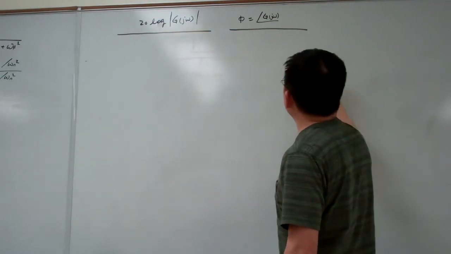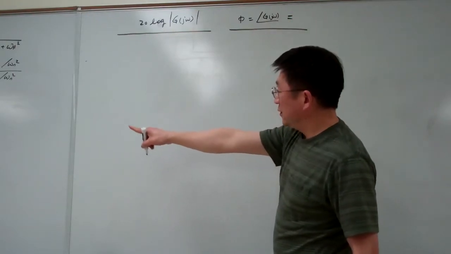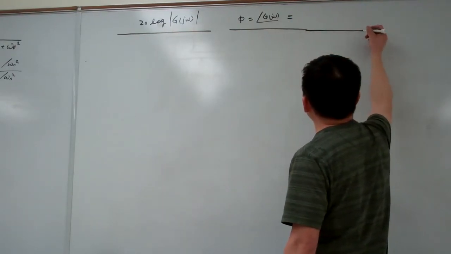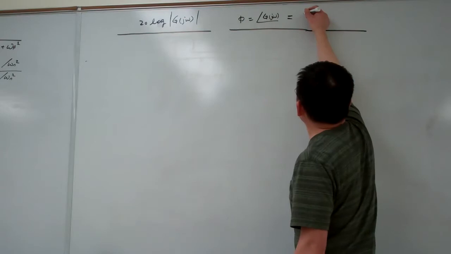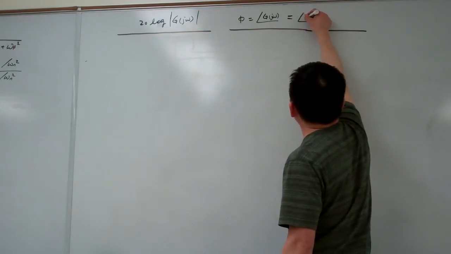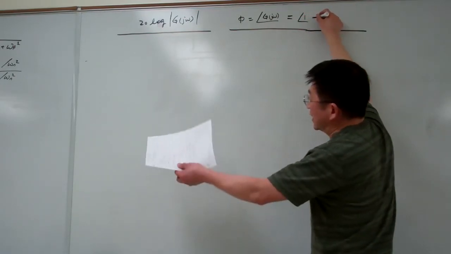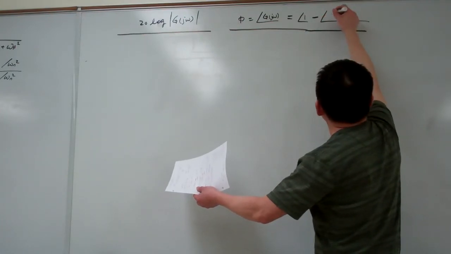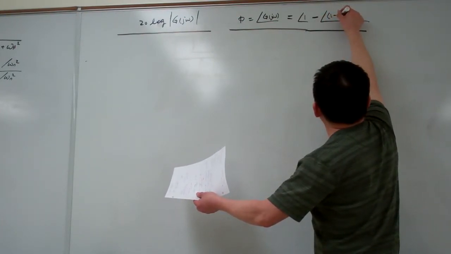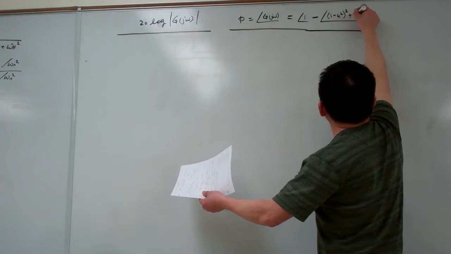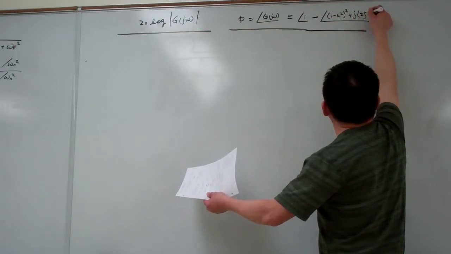For this one, G(j omega) is basically the angle of the numerator minus the angle of the denominator. The denominator is 1 minus u squared plus j 2 zeta u.